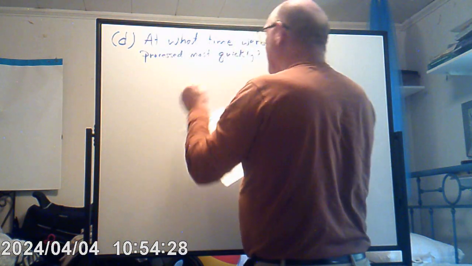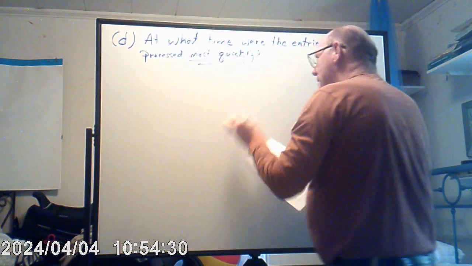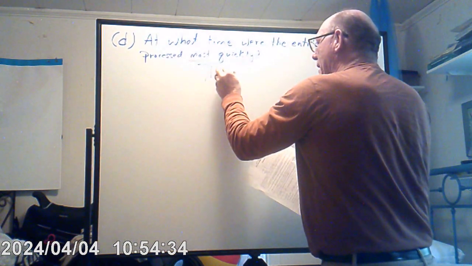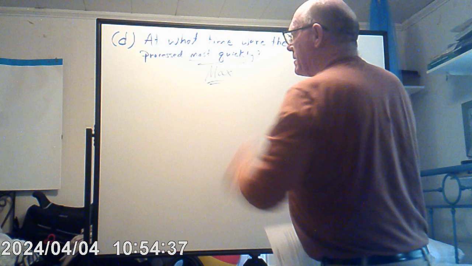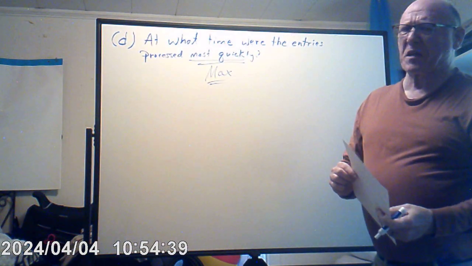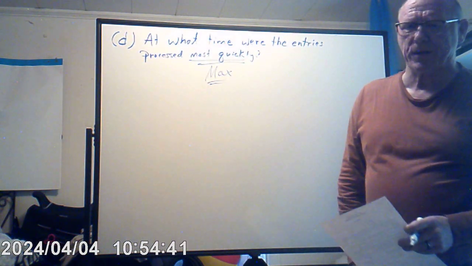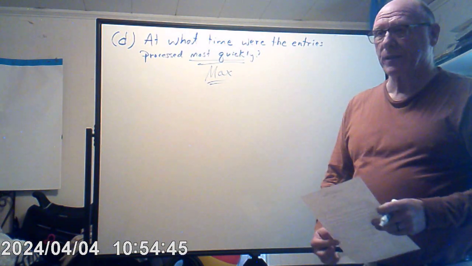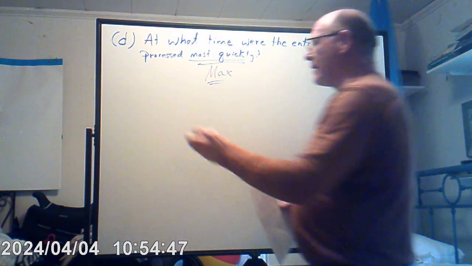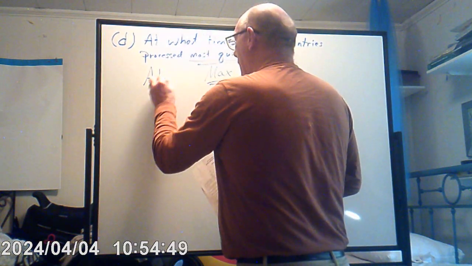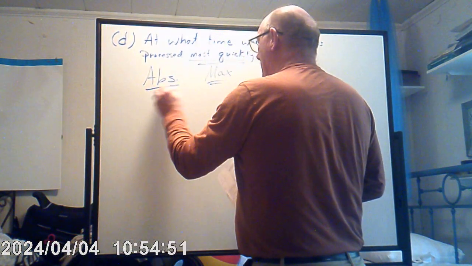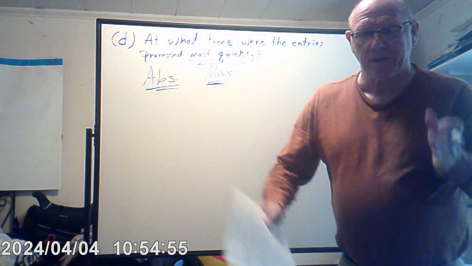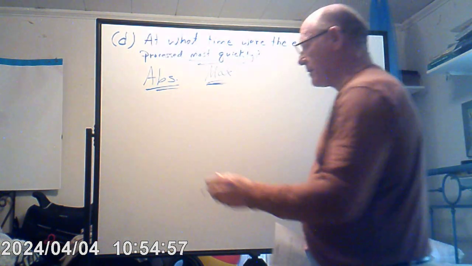Okay, alright, most quickly means that I need to find a max. That's the key to understanding this question. Well, if I'm going to find a max, actually it's going to be an absolute max, which means that we use the extreme value theorem.